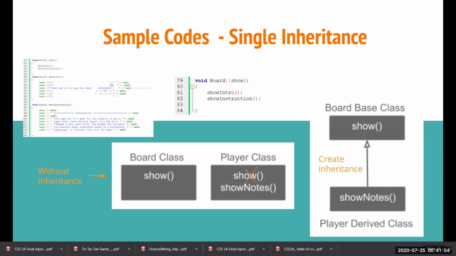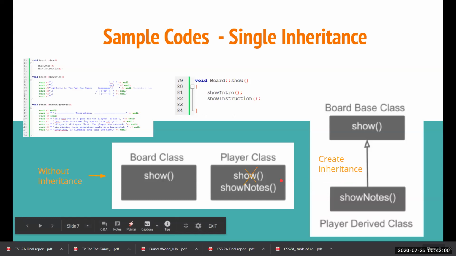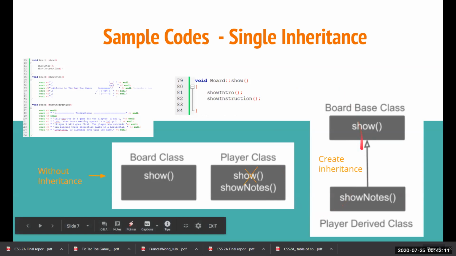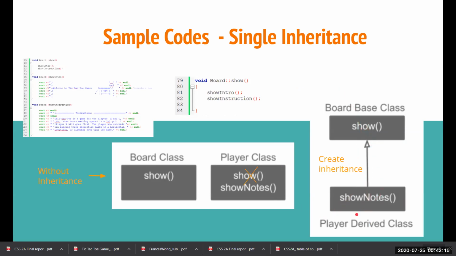The difference is that if we intentionally want to have the show function under the player class, having an inheritance relationship allows us not to repeat the same function again in the player class.